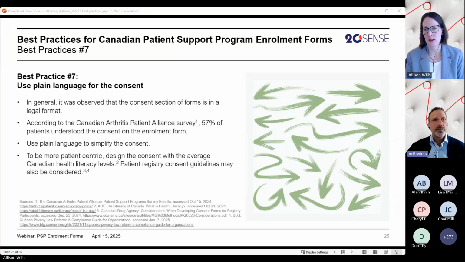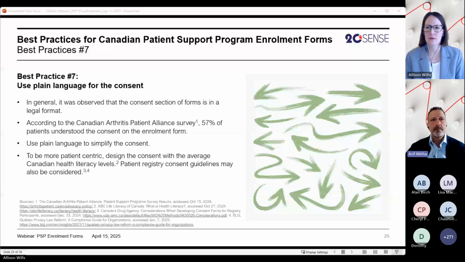Yeah, and number 7. Although it was not in the scope of the project, we were looking at page 1 of the form, not page 2. We had discussions in the leaders forum about the consent. Since we had all these forms, it was pretty obvious that the consent varied quite a bit. So for now, we wanted to include best practice number 7, using plain language for consent. In general, it was observed each consent was in legal format.